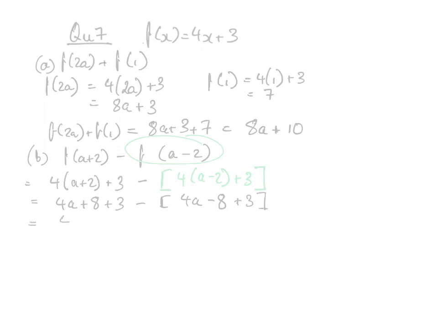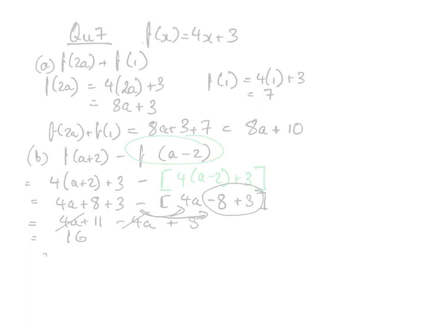So 4a plus 11 minus gives you minus 4a. Now minus 8 plus 3 is minus 5, but you are timesing by that minus, so that becomes plus 5, and then tidying it up completely. 4a, take away 4a, gone. So I've got 11 plus 5 is 16.